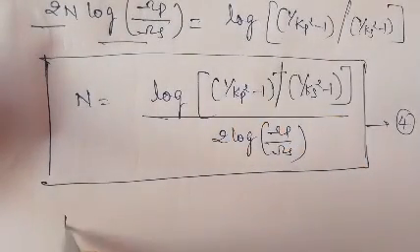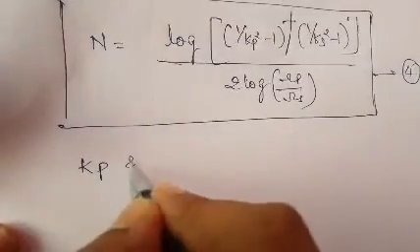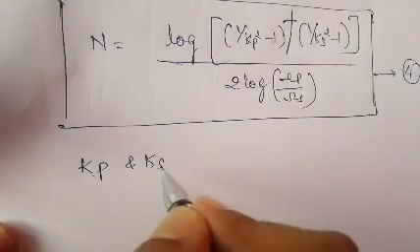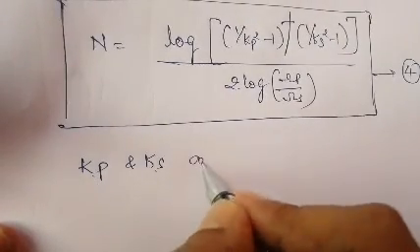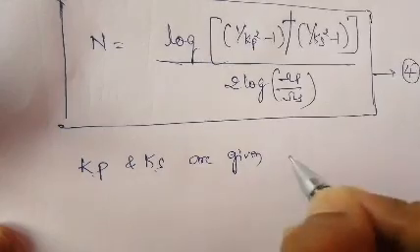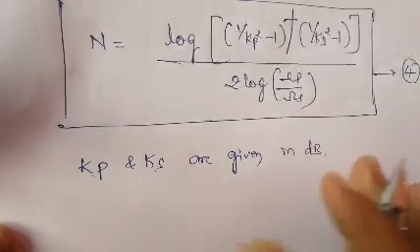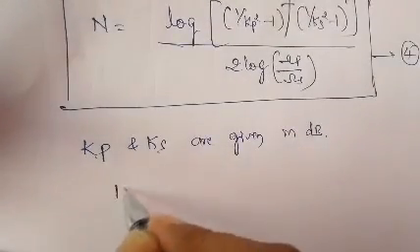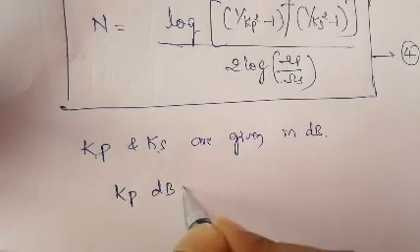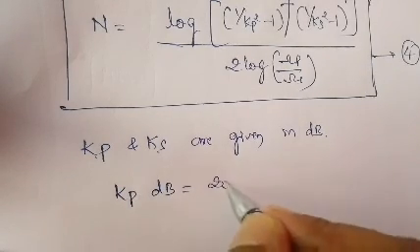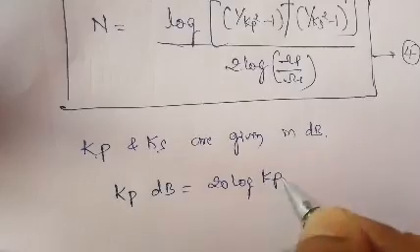If the gain values kp and ks, pass band gain and stop band gain, are given in decibels, then what will be the order of the filter? Very simple. If we express kp in dB, then we write 20 log of kp.